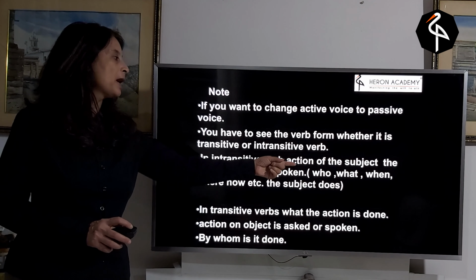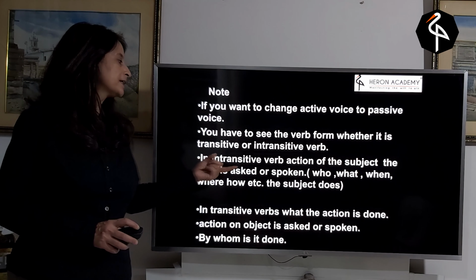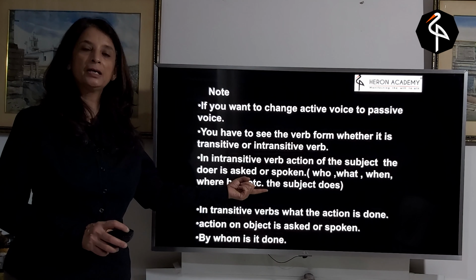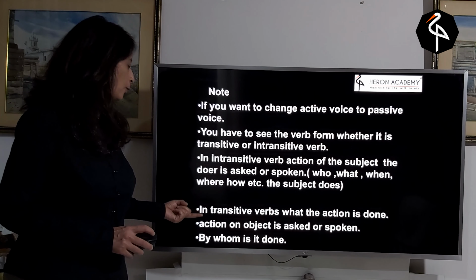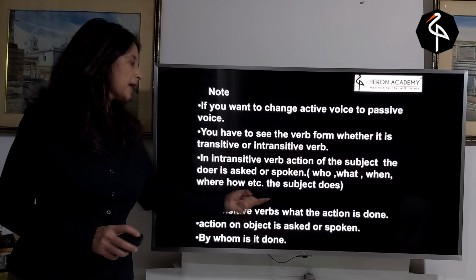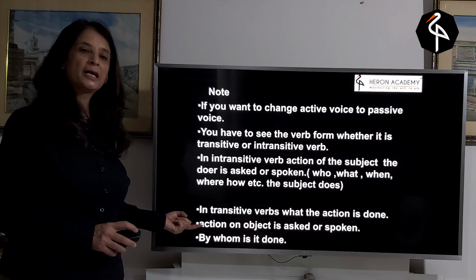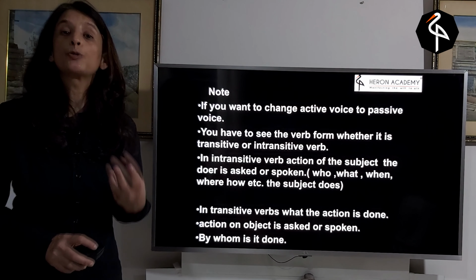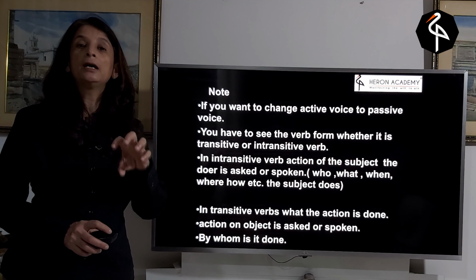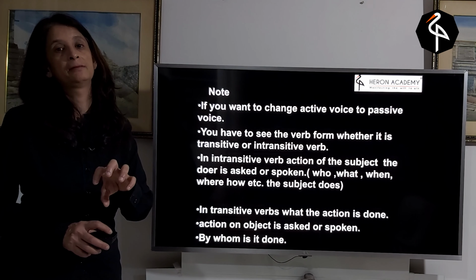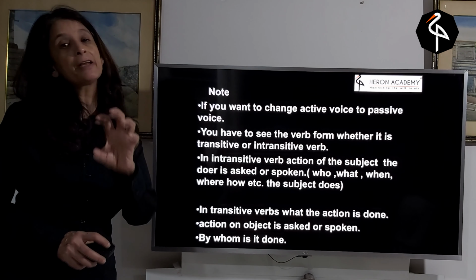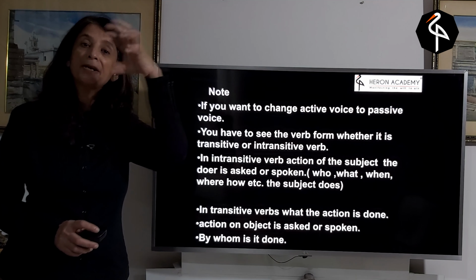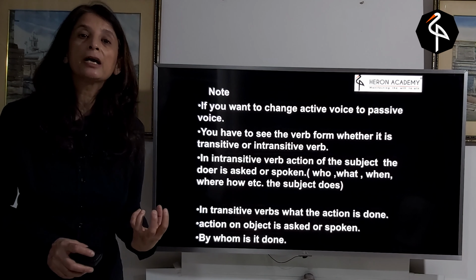In intransitive verb, the action of the subject, the doer, is asked or spoken: who, what, when, where, how, etc. the subject does. Now, in transitive verb, what the action is, is done. It is very important to understand in transitive that there is an action which has happened in the object and you are talking about that action.